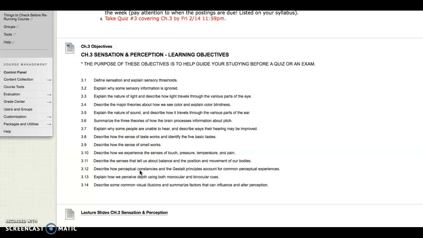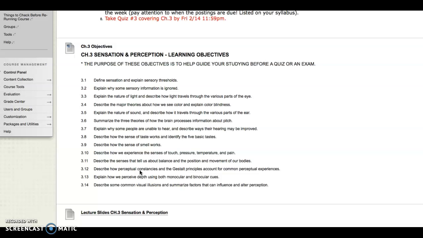The things that we watch and pay attention to aren't necessarily the same for everyone. So we'll look at common perceptual experiences, like how people view and understand their world in ways that are similar, but then we'll also look at ways that we can be tricked into seeing something that isn't really there.